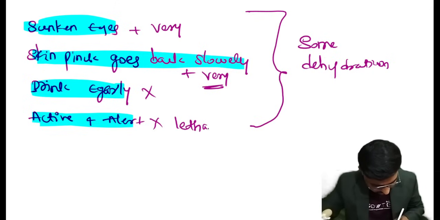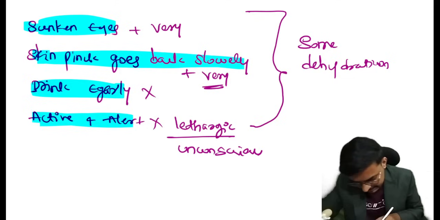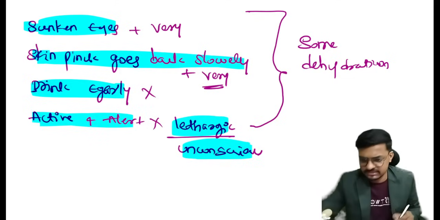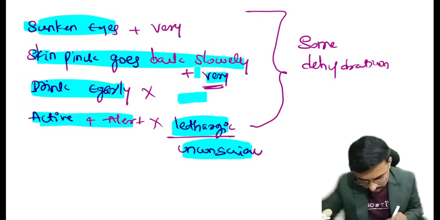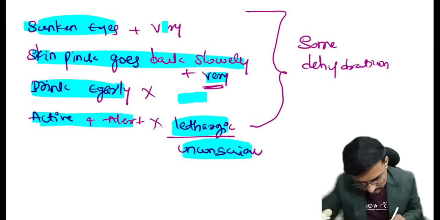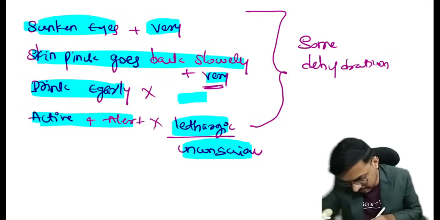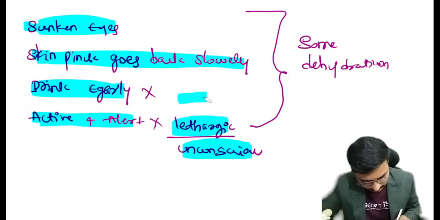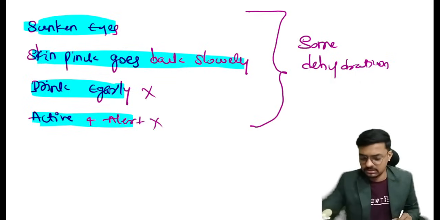Lethargic and unconscious child is unable to drink, so not drinking, and the skin is going back very slowly, with very sunken eyes. These are signs of severe dehydration. Please remember: not drinking and a lethargic or unconscious child means severe dehydration.